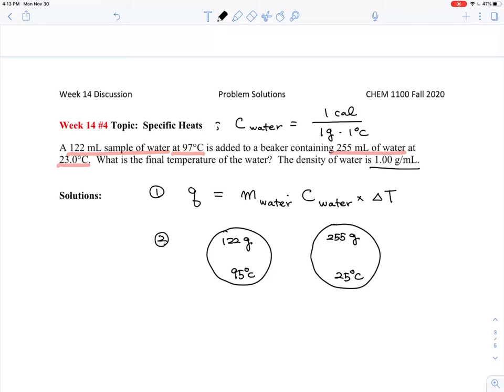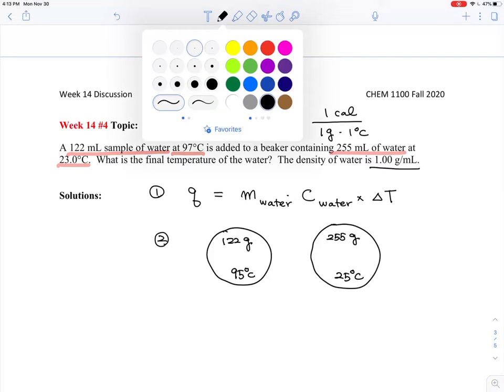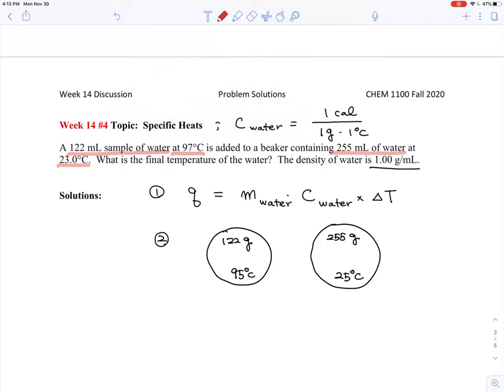When you mix these two together in a beaker, the heat will be taken out of the hot water and given to the colder water.